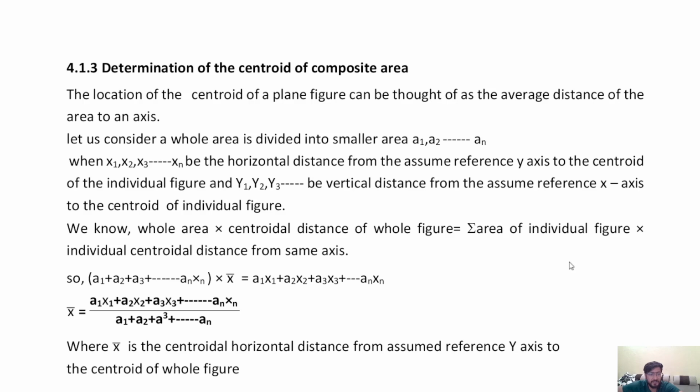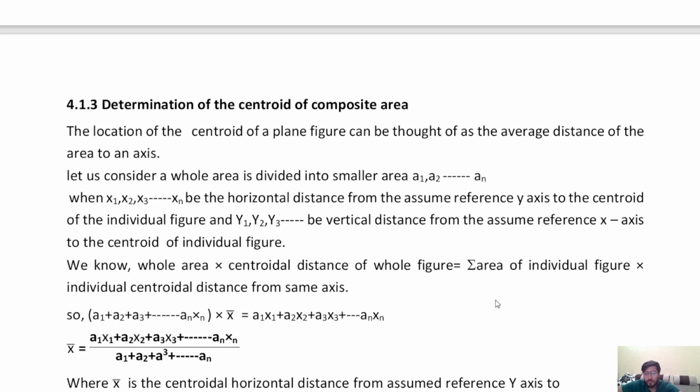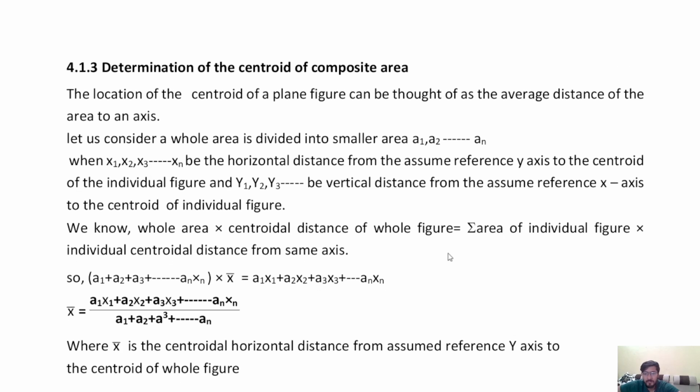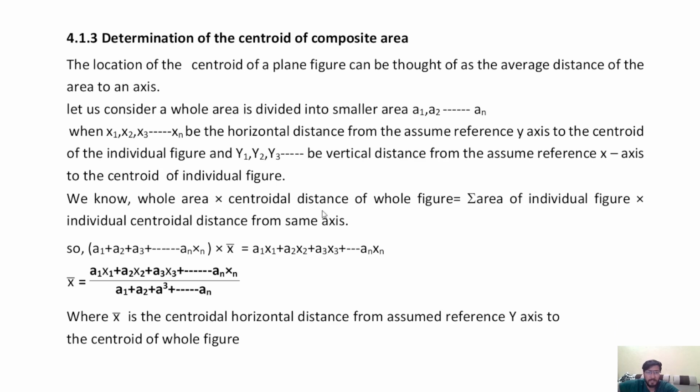For the determination of centroid of the composite area, let us consider a whole area A, and the area is divided into smaller areas, that is A1, A2, A3 up to An. Let x1, x2 and x3 be the horizontal distances from the assumed reference y-axis.